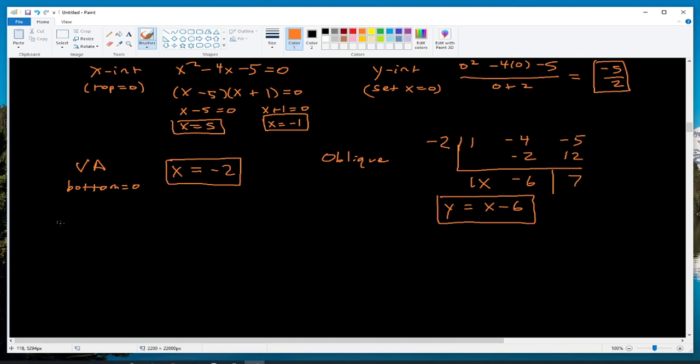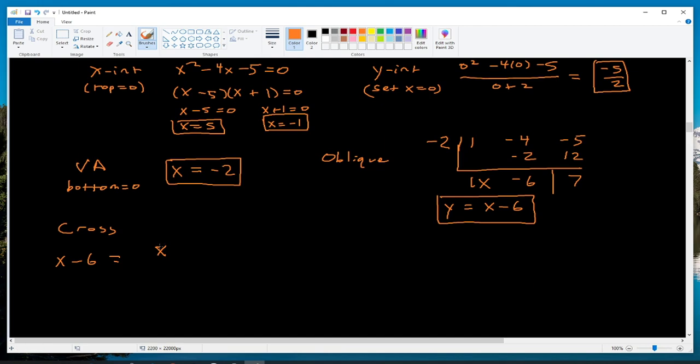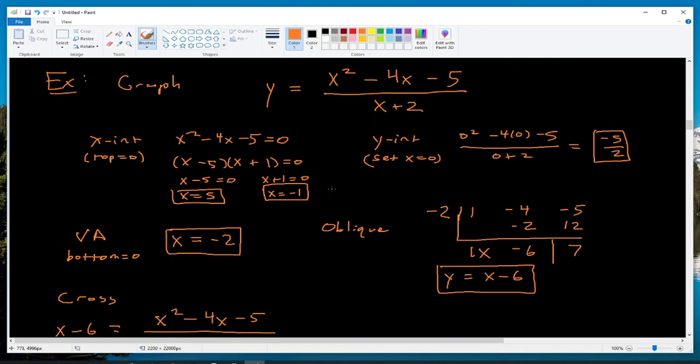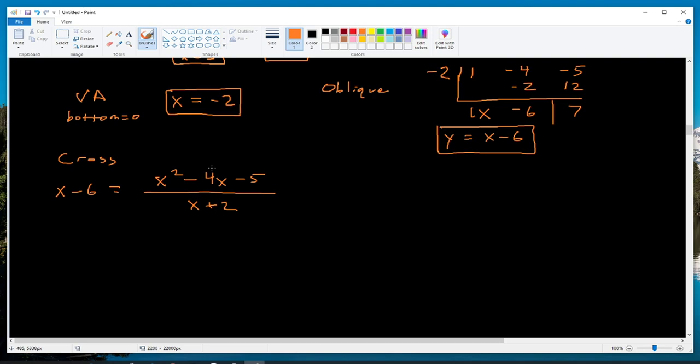So then we want to say, do we cross the oblique asymptote? So I set the x minus 6 equal to my entire function, x squared minus 4x minus 5, all that divided by x plus 2, and I see, does this have a solution?